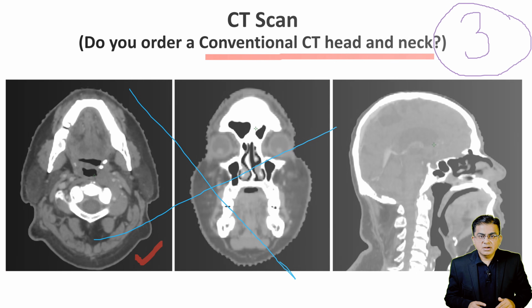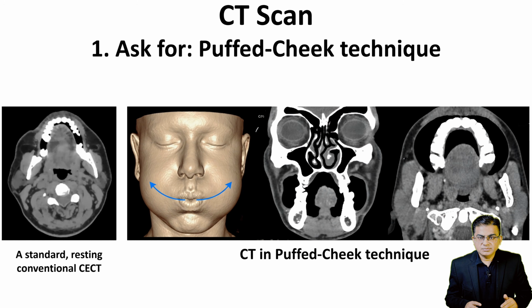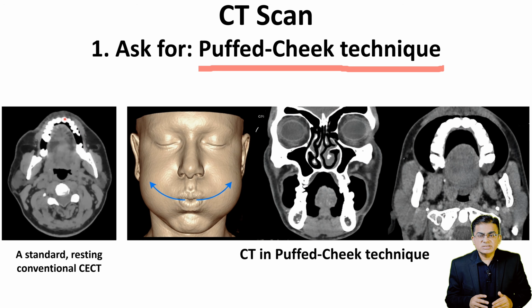First, puffed cheek technique. You must instruct your radiology technician to take CT scan in puffed cheek technique. If you do not take CT with puffed cheek and do it in resting state, you do not see small mucosal surfaces of buccal mucosa and gingiva and RMT.